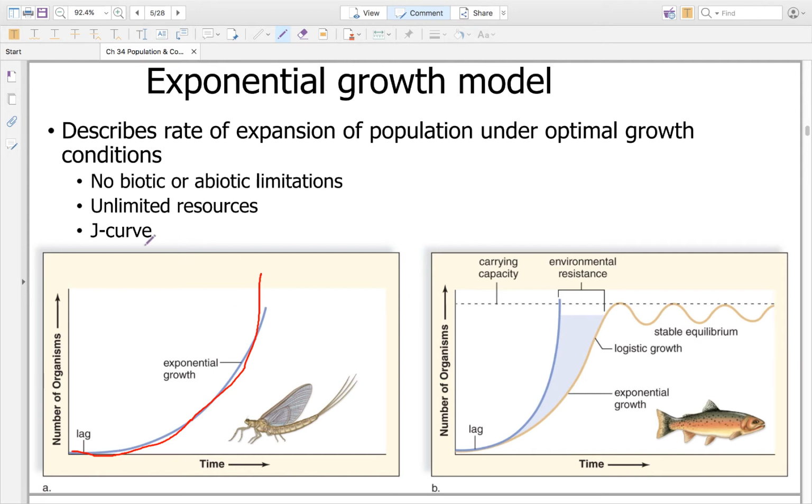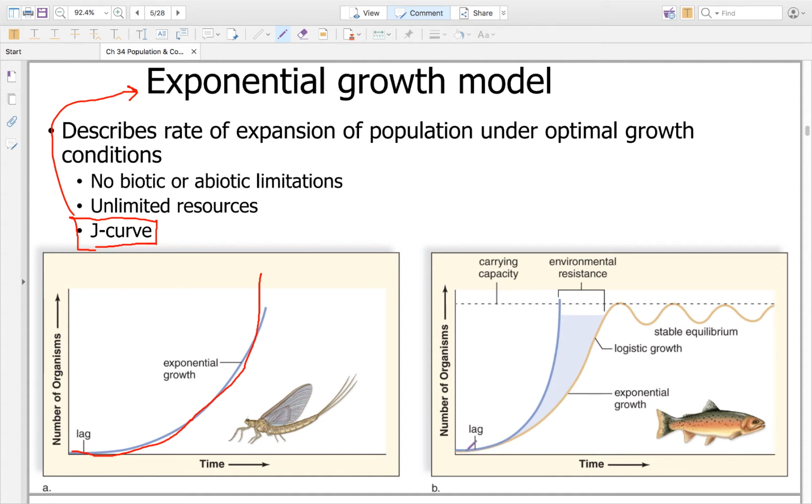On a graph, it'll make a J curve. A J curve is exponential growth. Now, in real life, it is not possible to grow exponentially indefinitely. It's just not possible because there is resistance, and there's also something called a carrying capacity.